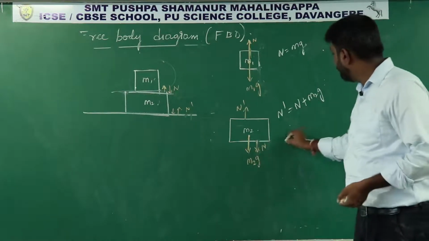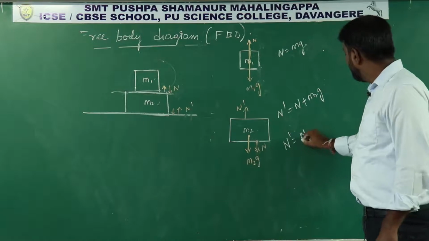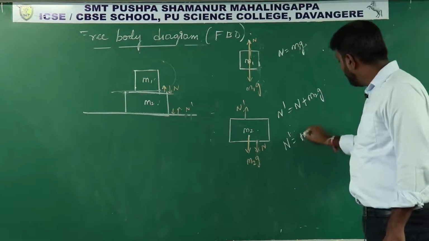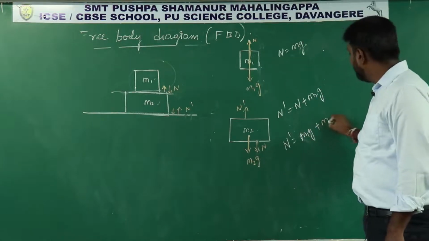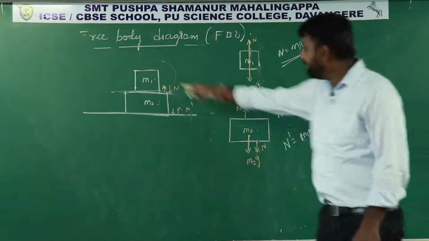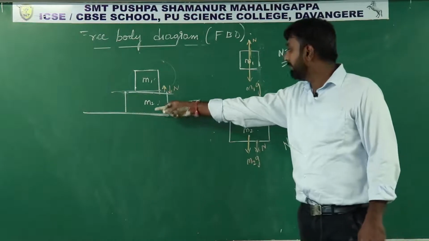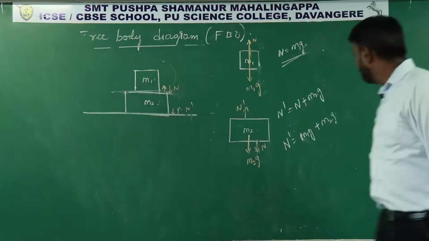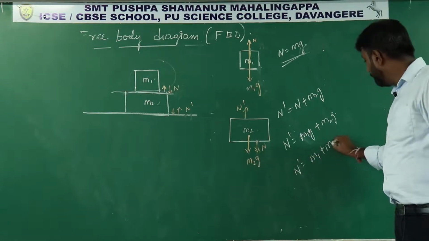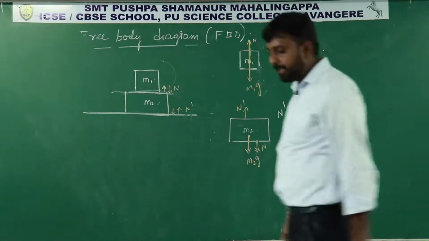Then to find N dash, it is equal to N plus, N value is M1 into G, plus M2 into G. So this is the normal force value between first and second block, and this N dash is the normal force between second block and earth surface. So what is that value? N dash is equal to M1 plus M2 into G. So in this way we can use the free body diagram.